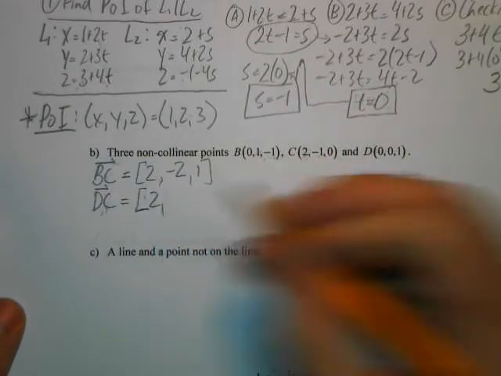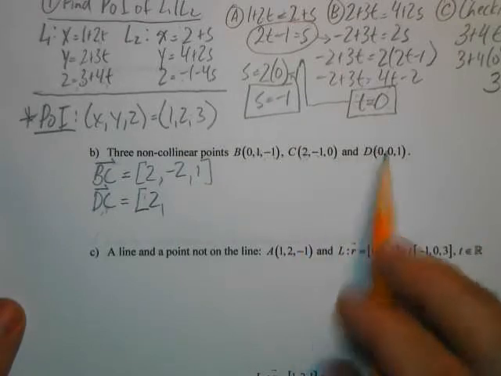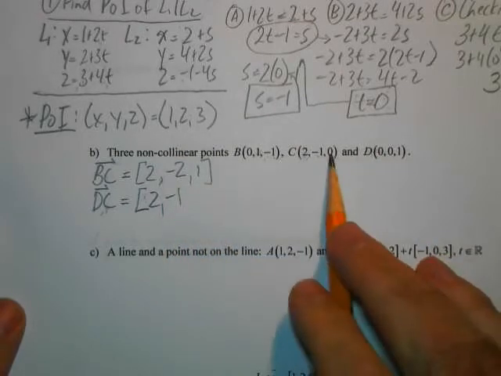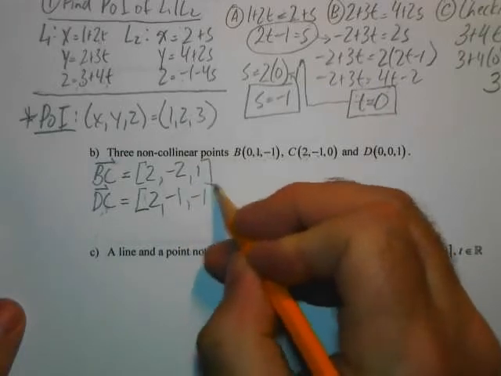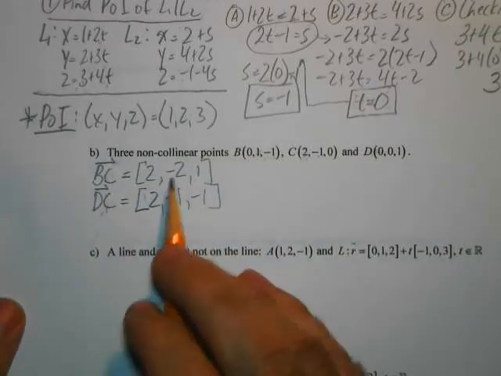So first component is 2, negative 1 minus 0, and 0 minus 1.